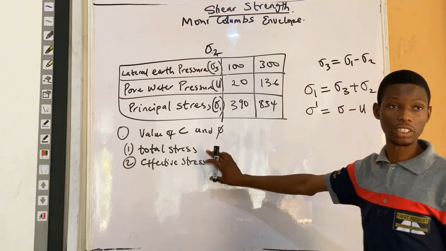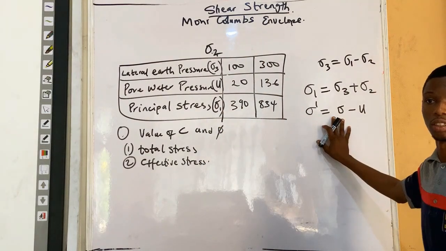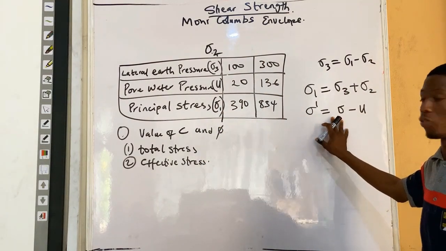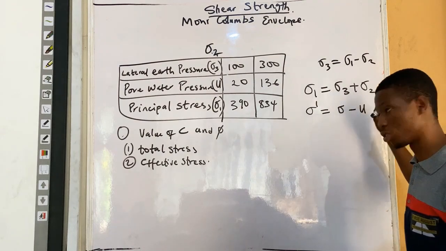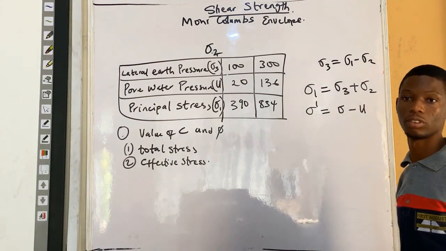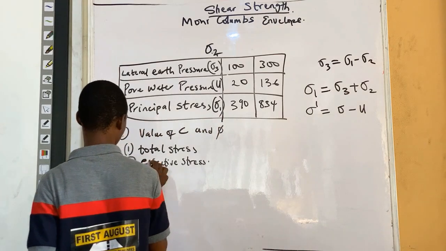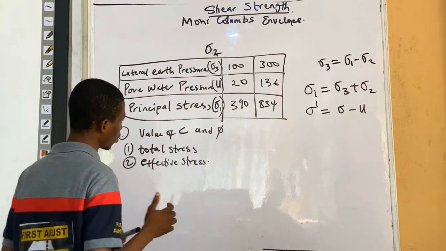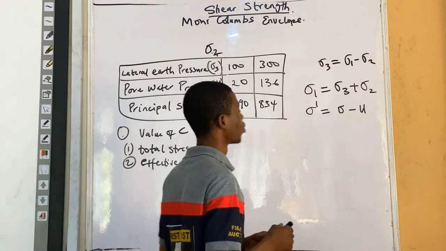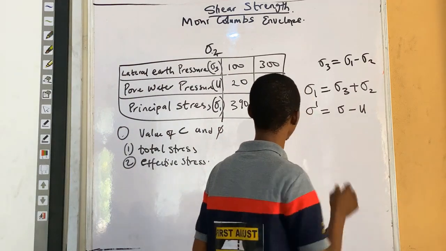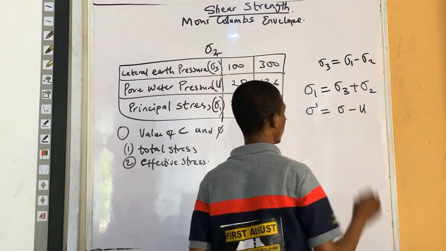But if you want to get effective stress, that's when we use this one. Effective stress equals total stress minus pore water pressure. That's when we want to get effective stress. Is it prime or one? This one is prime.